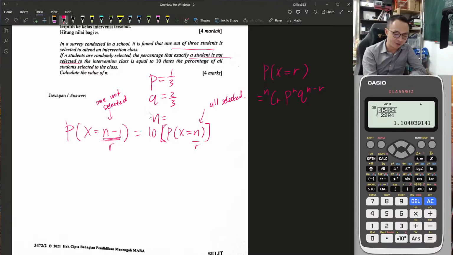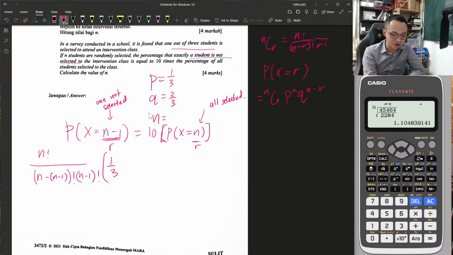This is your r value. In this case, nCr is n factorial over n minus r factorial, isn't it? So this is n factorial over n minus 1 factorial, and then n minus 1 factorial. Yeah, it's sort of messy here.